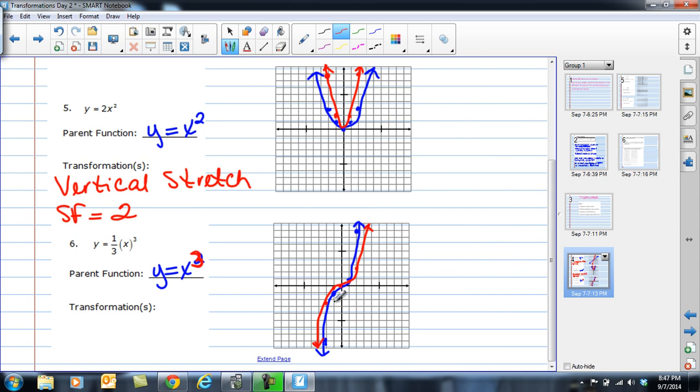What you should notice is that I took each of my points and I moved them closer to the x-axis. I have squished them in closer, so this becomes a vertical compression. I am vertically compressing because I'm moving it closer to the x-axis, and my scale factor this time is 1/3.